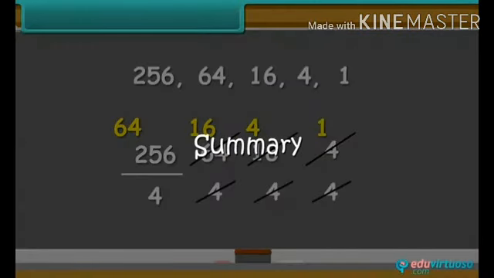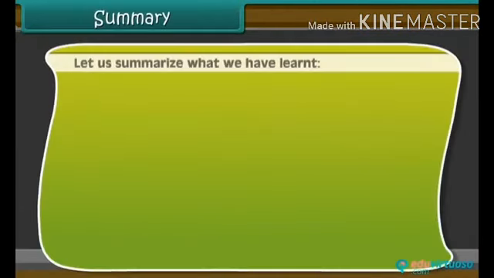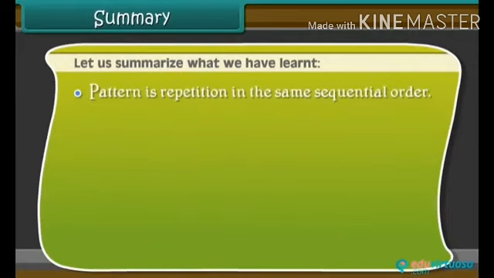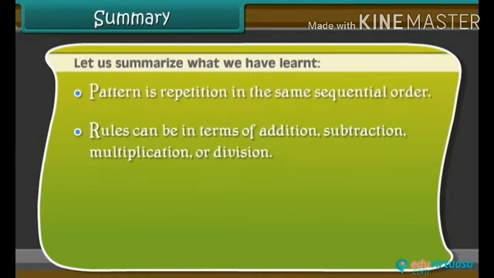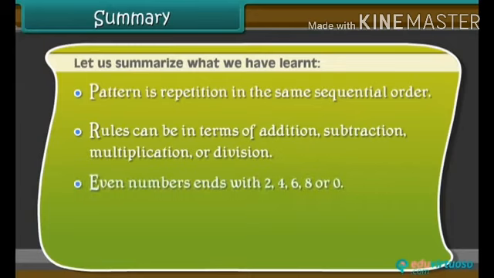Summary. Let us summarize what we have learned. Pattern is a repetition in the same sequential order. Rules can be in terms of addition, subtraction, multiplication, or division. Even numbers end with 2, 4, 6, 8, or 0.